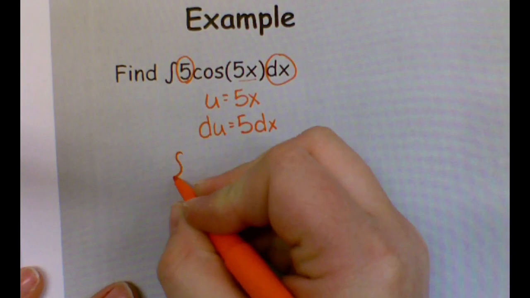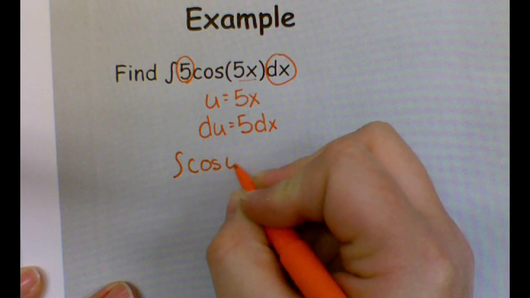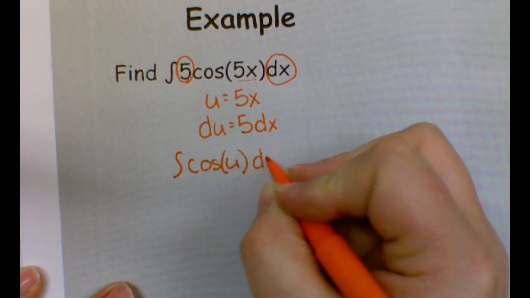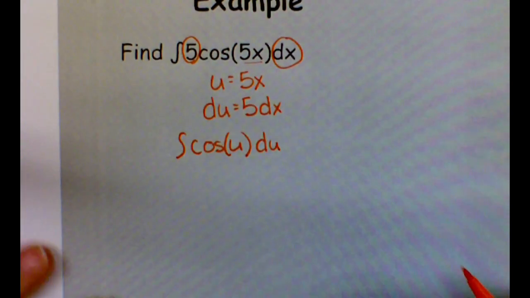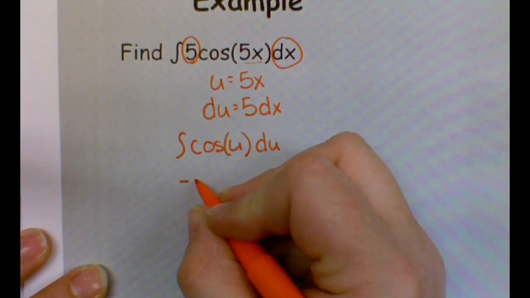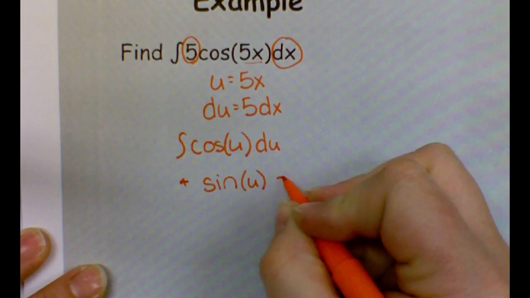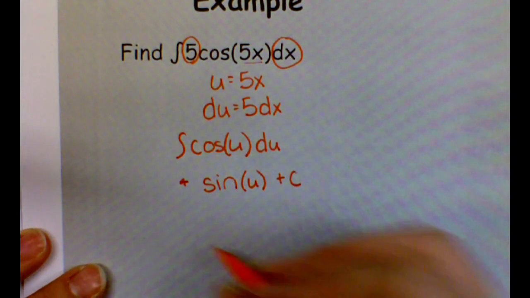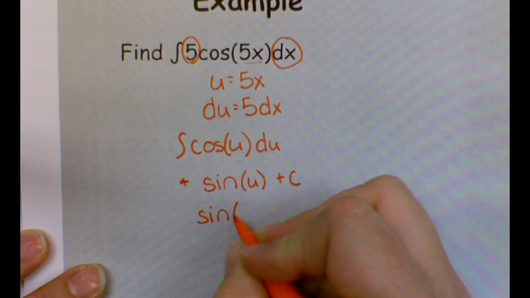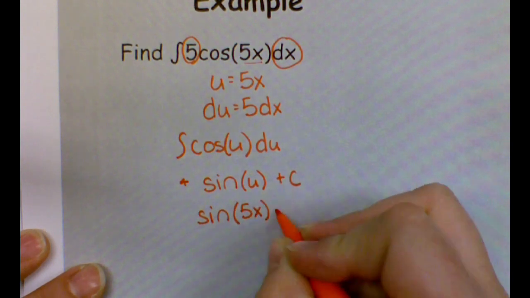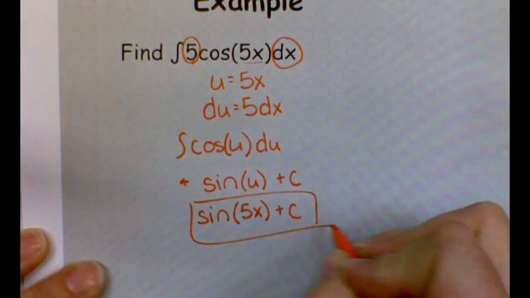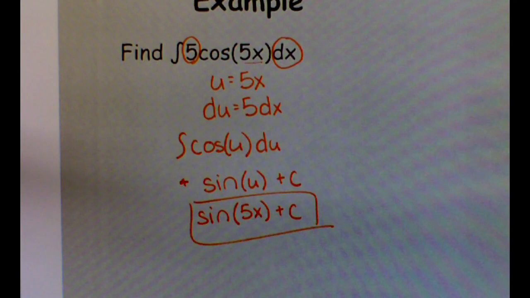So I'm taking the antiderivative of the cosine of u du. Well, the antiderivative of cosine is positive sine of u plus c. Instead of u, I need to go back to 5x. And my antiderivative is sine of 5x plus c.